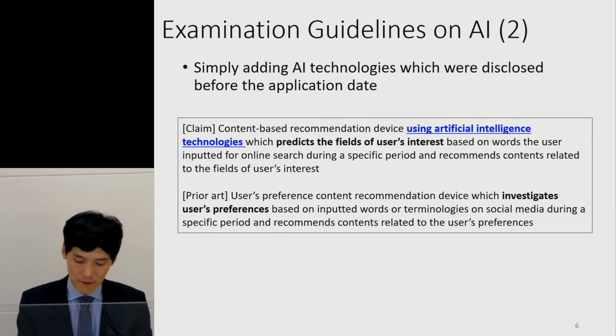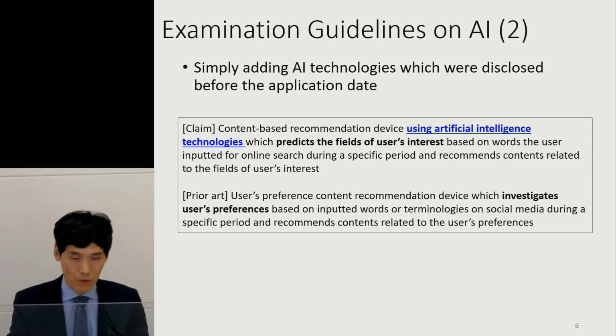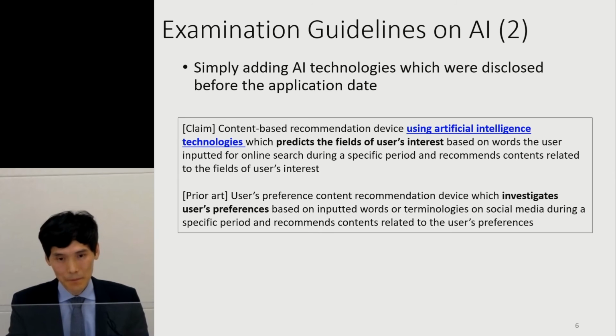The only difference between the claim and the prior art in the first case is whether the recommendation is done using the AI technology or not. If AI technology can be simply added before the application date, the claim cannot be patented. Next, please.